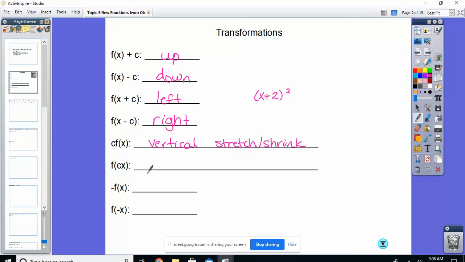Inside affects x. So if you multiply on the inside, it's a horizontal stretch or shrink. What do negatives do? Flip it. A negative on the outside is like making all of your y's negative, so it flips over the x-axis.